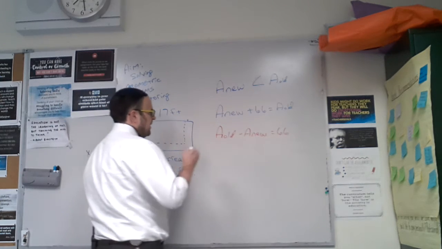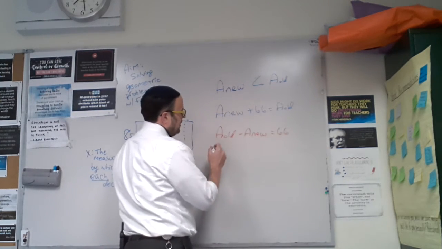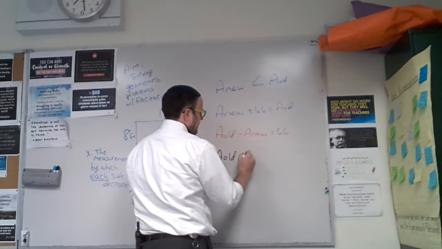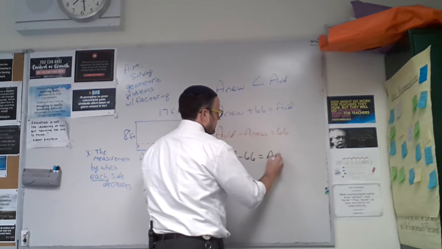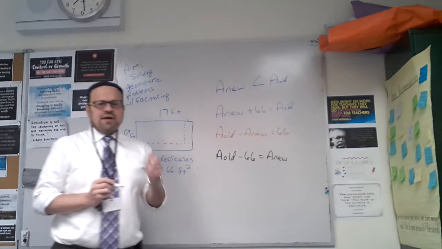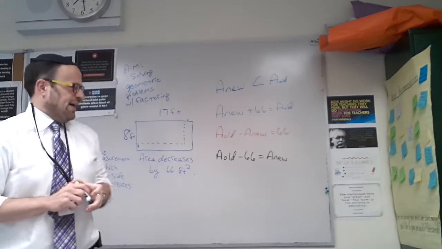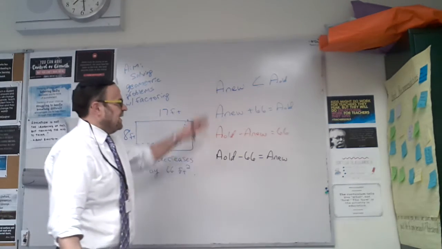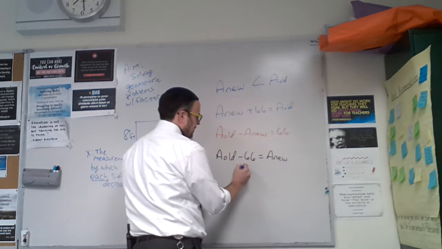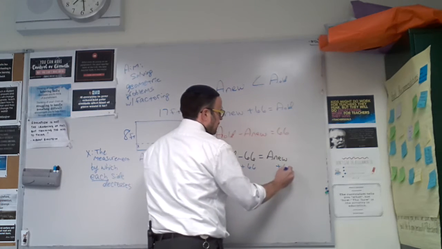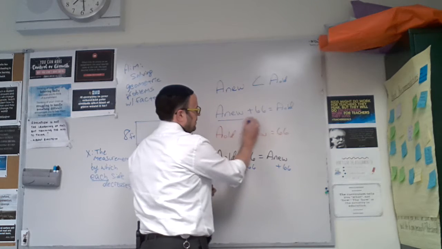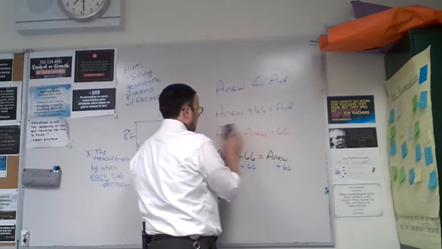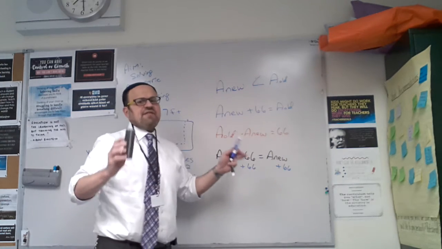Some of you still might not like that. You may prefer to say area old minus 66, equals area new, and create an equation like that. Either way, you can check yourself, add 66 to both sides if you want, and you'll see that you have the same thing.